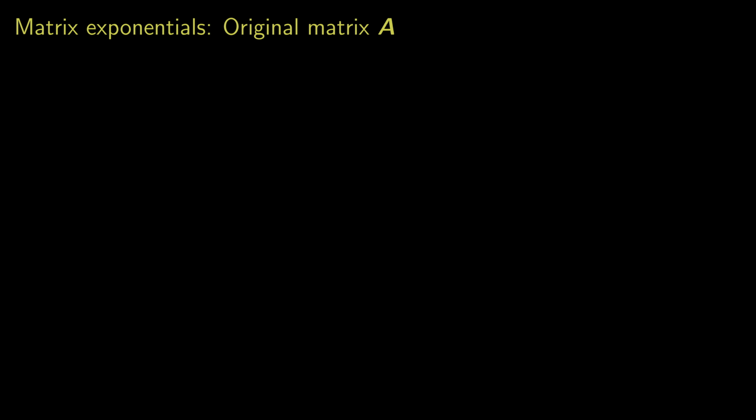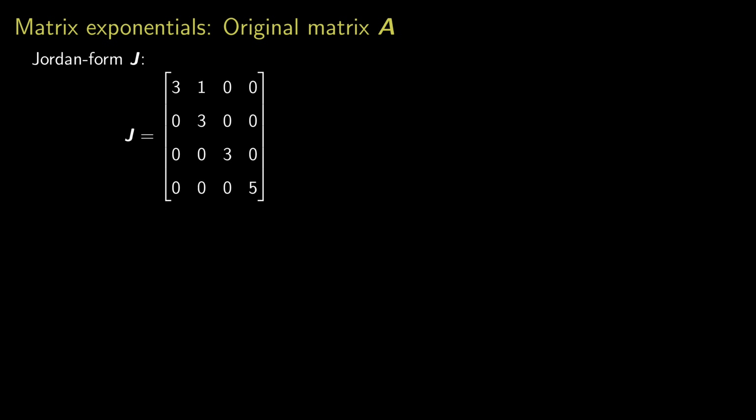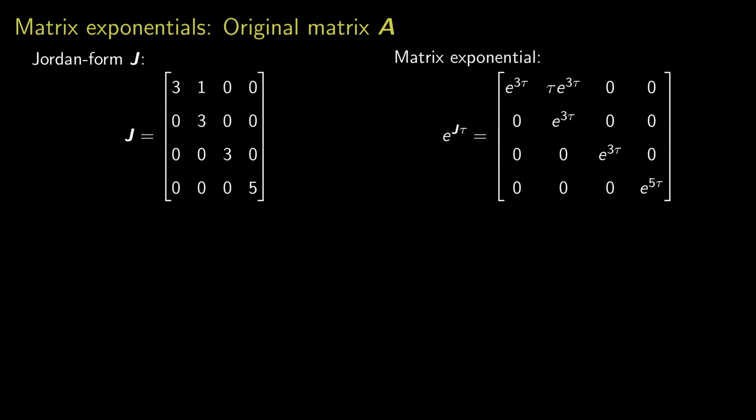Let's apply this to calculate the matrix exponential function of our original matrix A. We start with the Jordan form and its matrix exponential function. This here in red is the first 2x2 block for the eigenvalue lambda equal to 3. This in blue, the next 1x1 block for lambda equal to 3. And finally in yellow, the last 1x1 block for the eigenvalue lambda equal to 5.